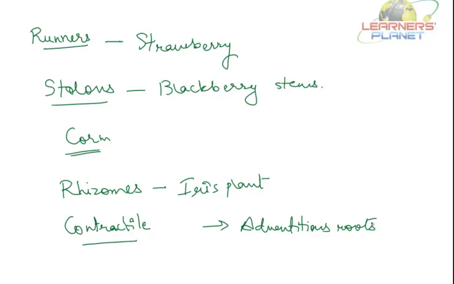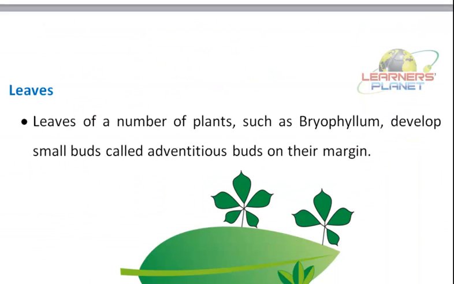Other than these, there are runners and stolons too. So we studied about roots and we discussed about stems. Now the third part of the plant which we are going to discuss, which actually gets modified, is leaves.